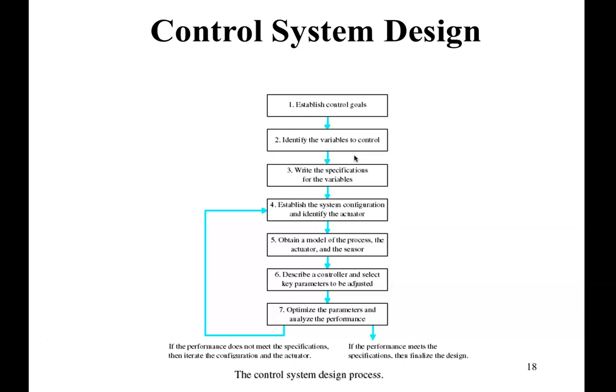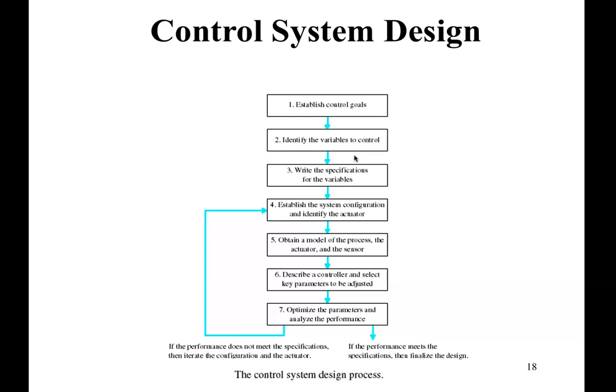Once you pass that stage, now you are dealing with a set of mathematical equations. Whether those equations represent a mechanical system or electrical system or petroleum plant, it doesn't really make much difference to control engineers because we are now dealing with that. This is really what we're going to do.